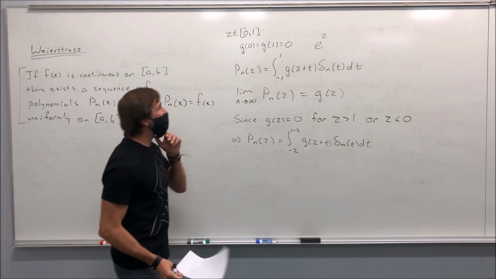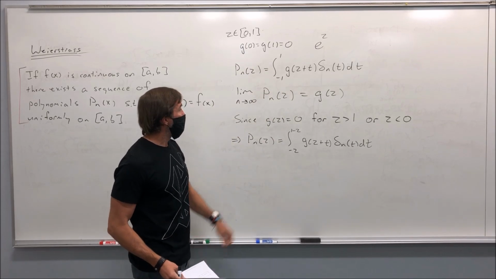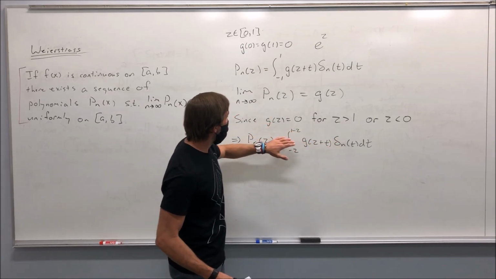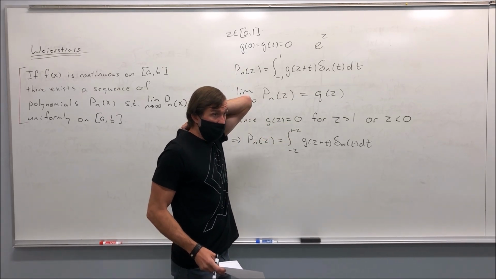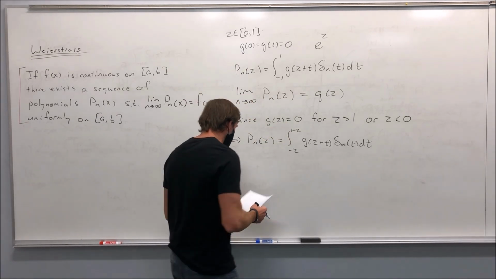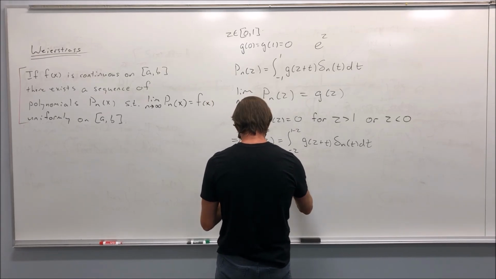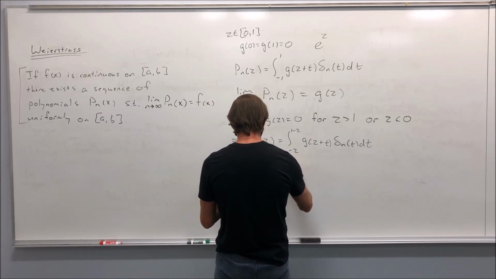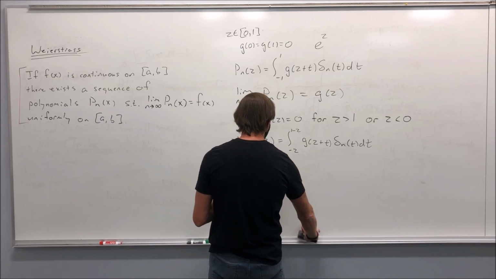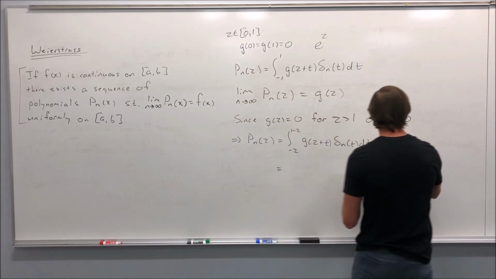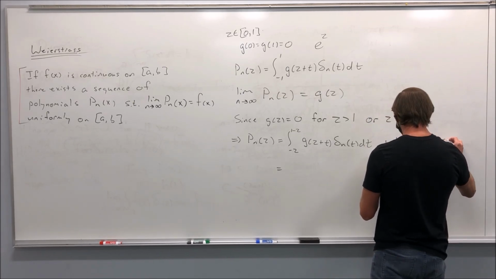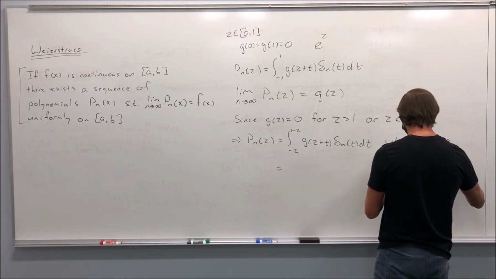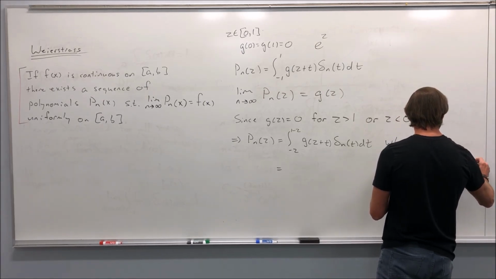We don't actually have to integrate from minus 1 to 1 because this function vanishes there. So g of z plus t is equal to 0 for t less than or equal to minus z, and for t greater than or equal to 1 minus z.